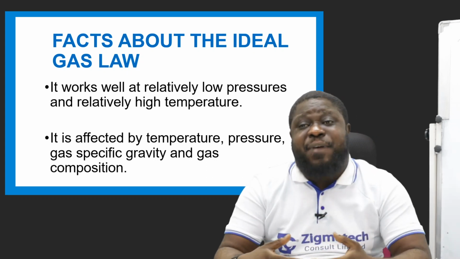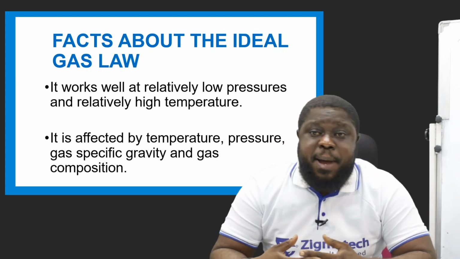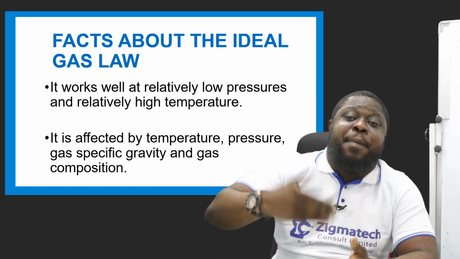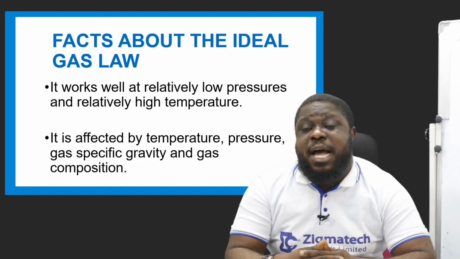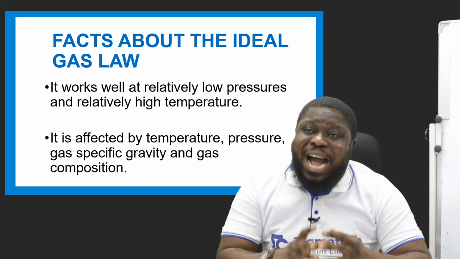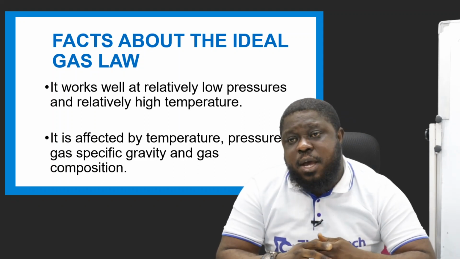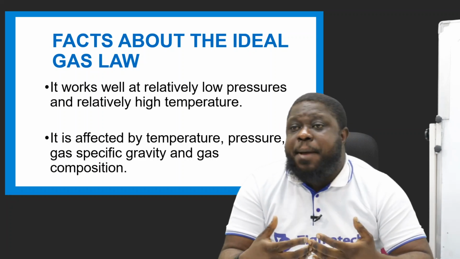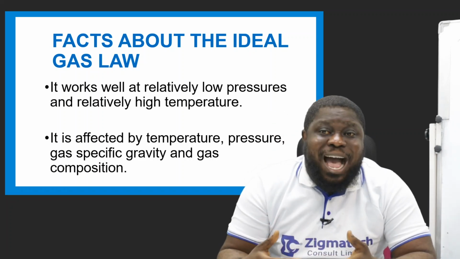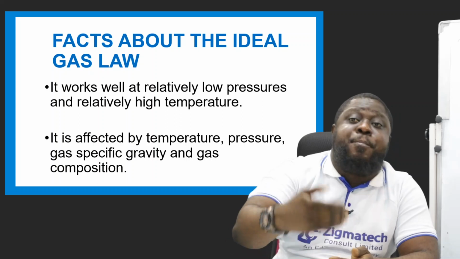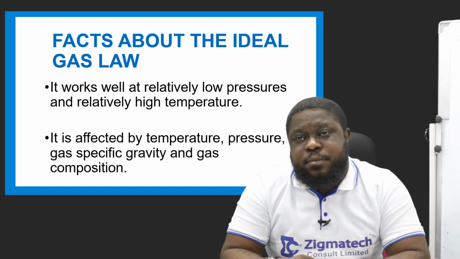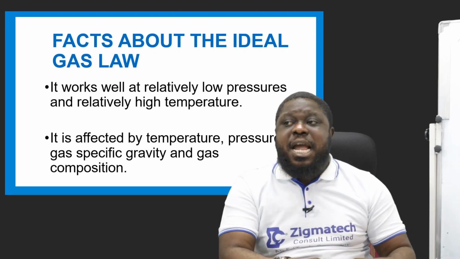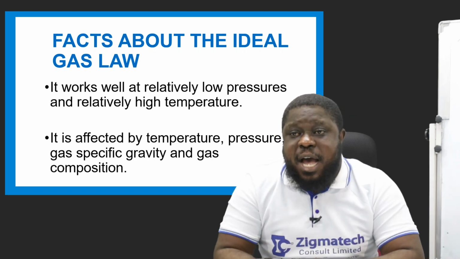The ideal gas is affected by the temperature, the pressure, the type of gas, and the composition of those gas molecules. What the gas is composed of affects it. Hydrogen cannot work as oxygen and vice versa.